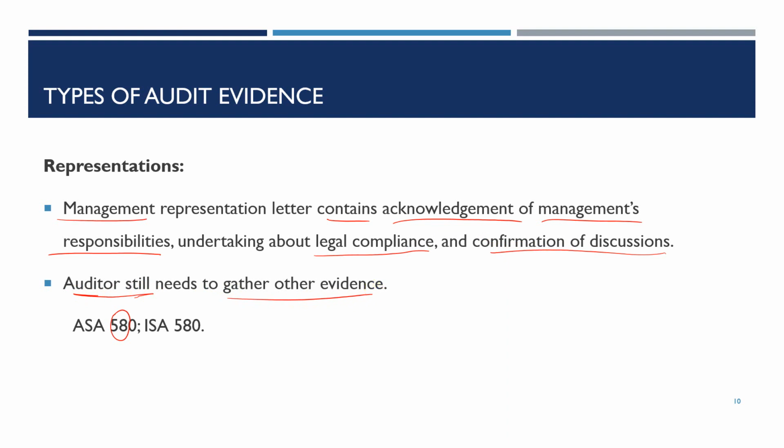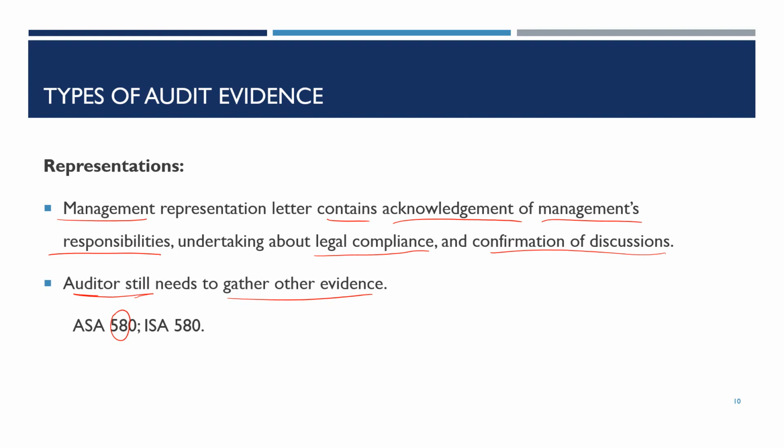The management letter can also include an undertaking that laws and regulations have been complied with, that there have been no material frauds or errors that impact the financial report, and that the internal control systems are effective. The letter can acknowledge that the auditor was provided with access to all documents, records, and other evidence as requested.